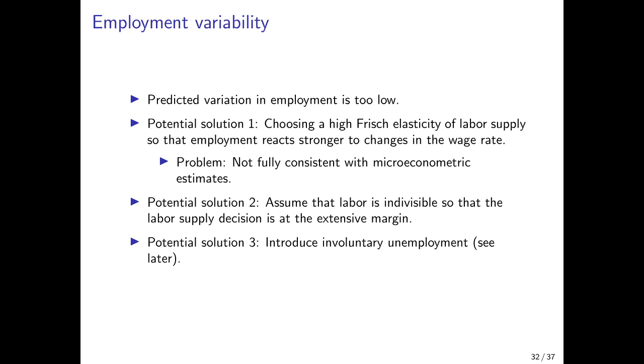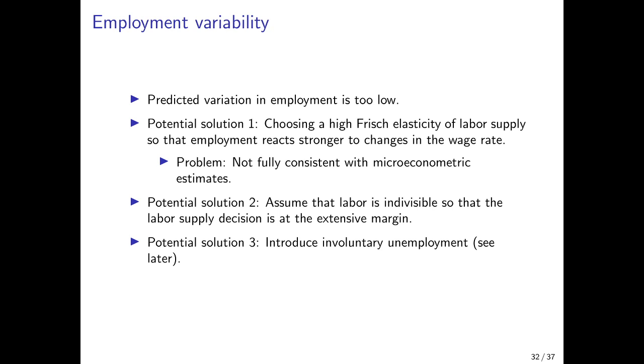The problem with this solution is that it is not fully consistent with microeconometric estimates of the Frisch elasticity of labor supply, which is typically lower than the one that is required to bring the variability of employment in the model to the same level as it is in the data.